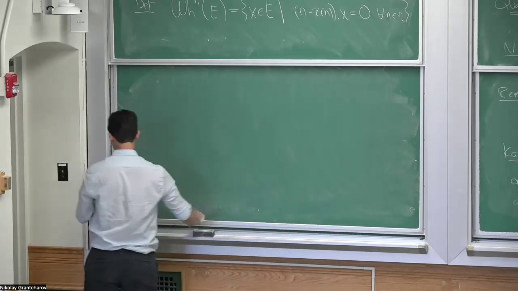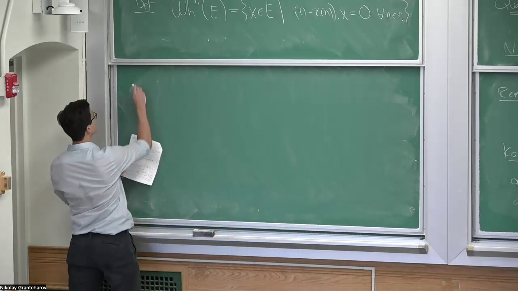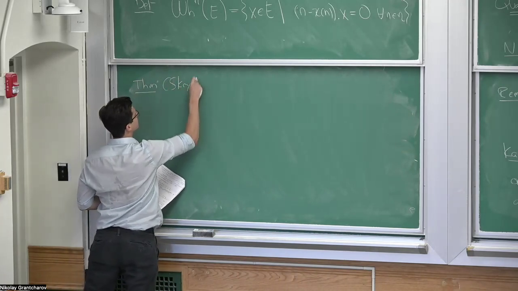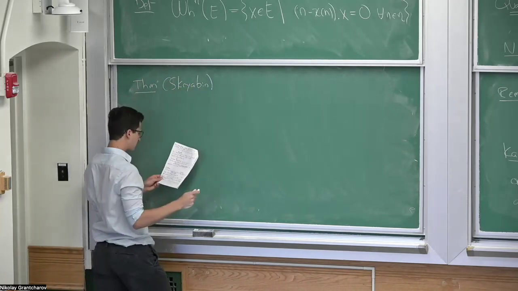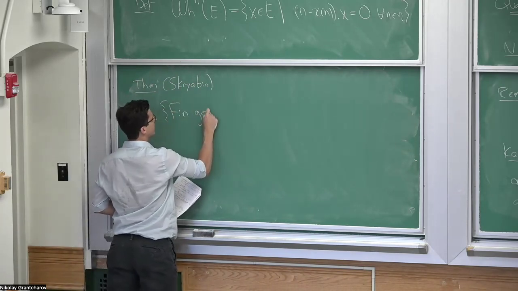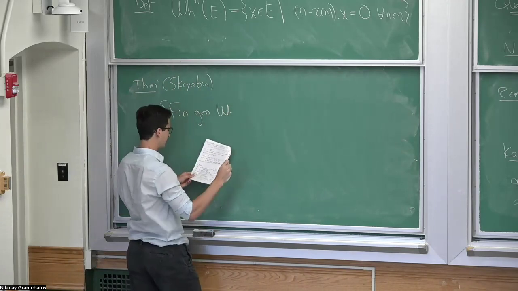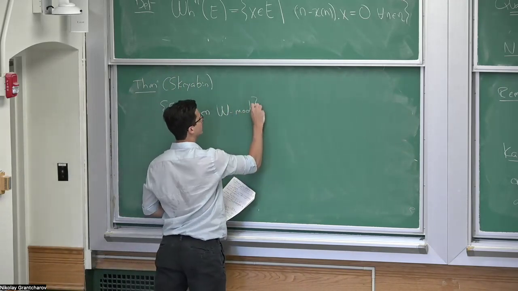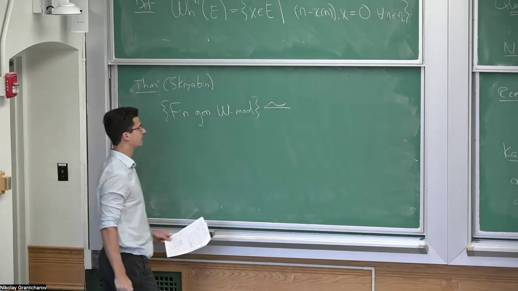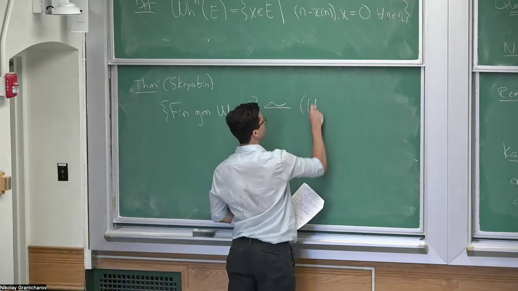Okay, so now I can state the theorem. Finitely generated W modules is equivalent to this Whittaker category.